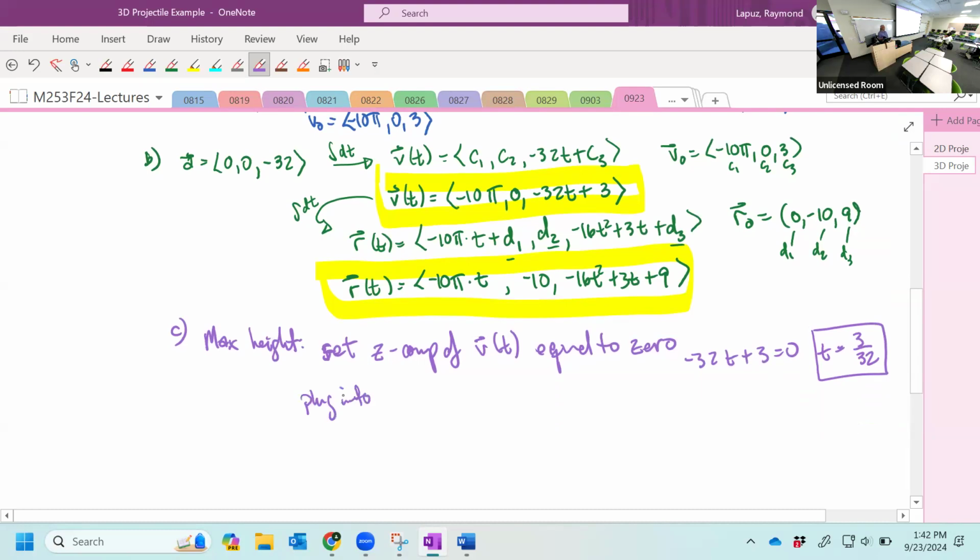So not just the position function, but the z component of the position function. So the z component is just negative 16 t squared, so that's 3 over 32 quantity squared plus 3 times 3 over 32 plus 9.